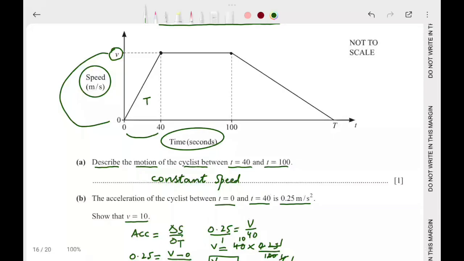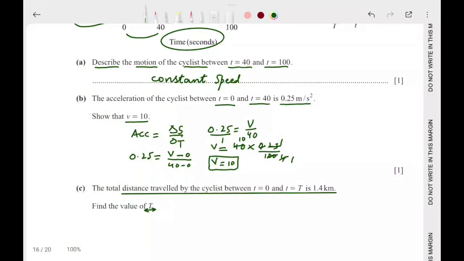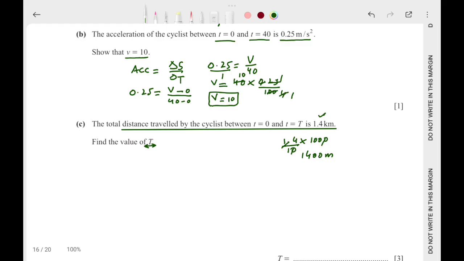One is a triangle, and the other one is a rectangle, then again a triangle, or you can take a trapezium as a whole. Both methods are correct. Second important thing is that we have to convert kilometers into meters. 1.4 multiplied by 1000, it will be 1400 meters, your distance given. Now with the help of this total distance we would be able to find out the value of t.